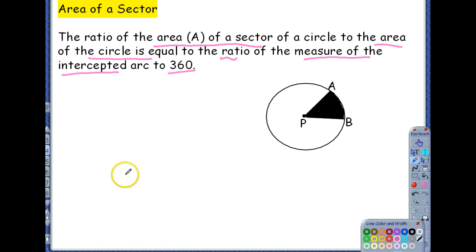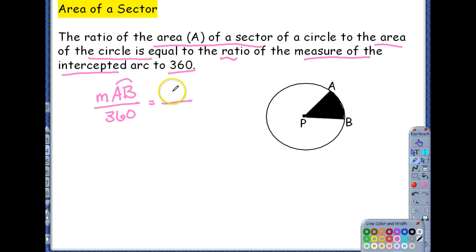We're going to be comparing some ratios. So when you say a ratio equals another ratio, essentially you're going to see a proportion. A proportion. And just like we talked about before, we talked about degrees out of 360. We've seen that with that measure of the intercepted arc. So the measure of arc AB, in this case, compared to our 360, our total degrees, is going to equal.